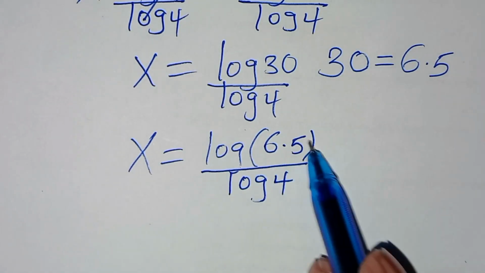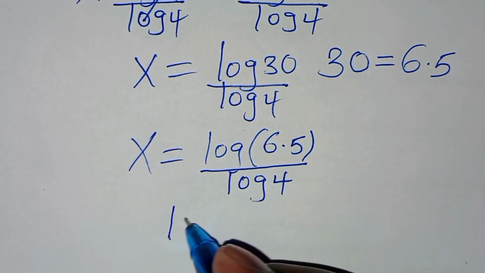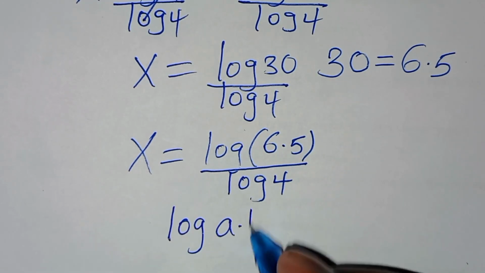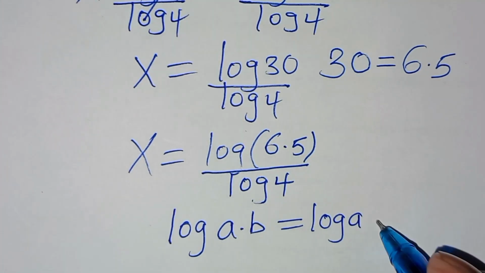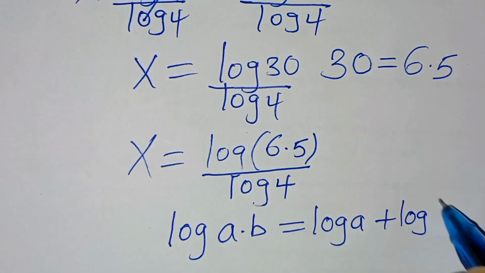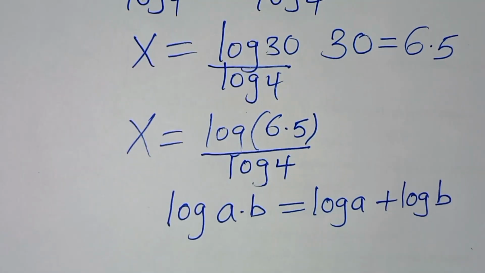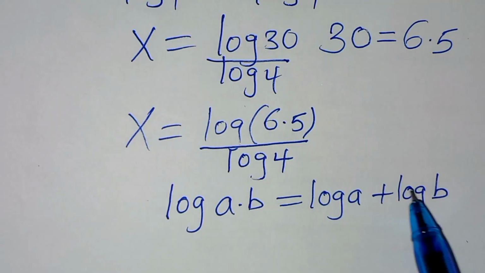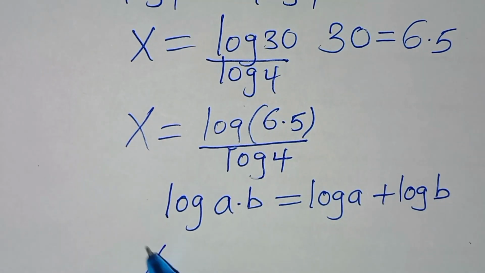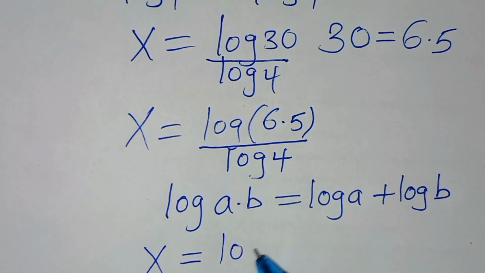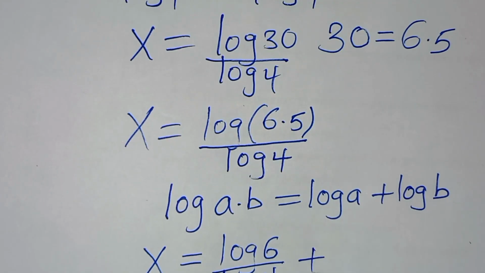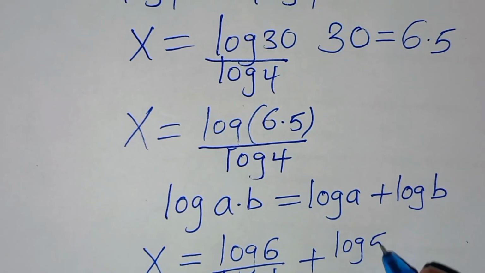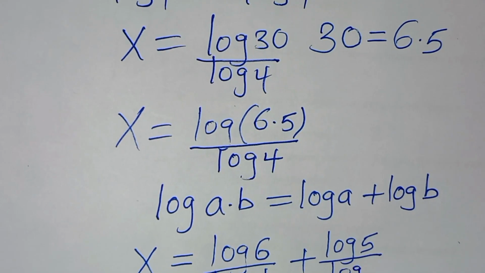Log 6 times 5 is in the form of log a multiplied by b, which we can express as log a plus log b. Applying this property, we'll have x is equal to log 6 divided by log 4, plus log 5 divided by log 4.